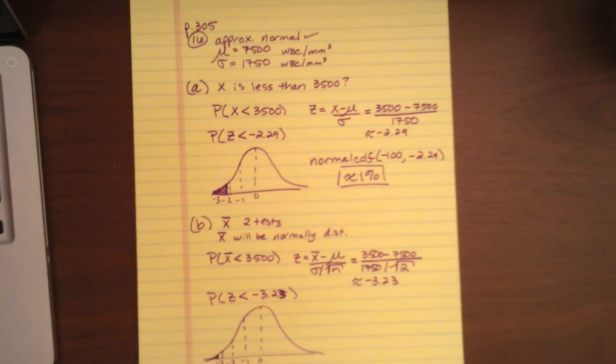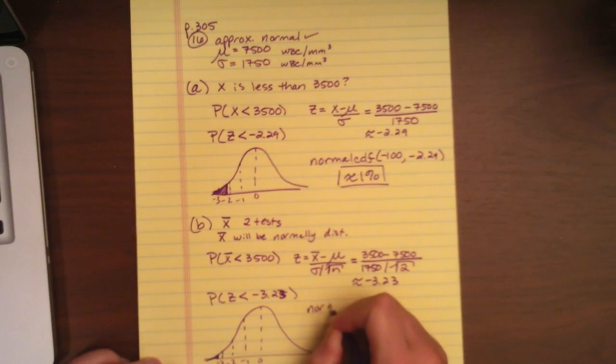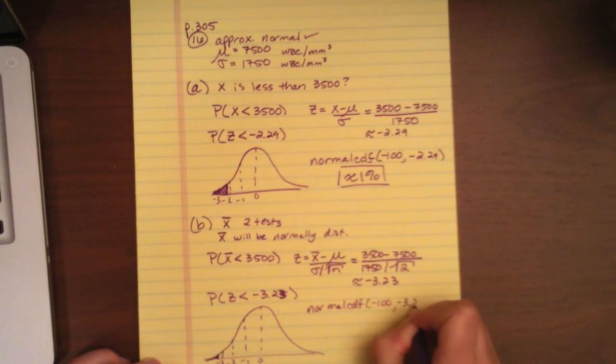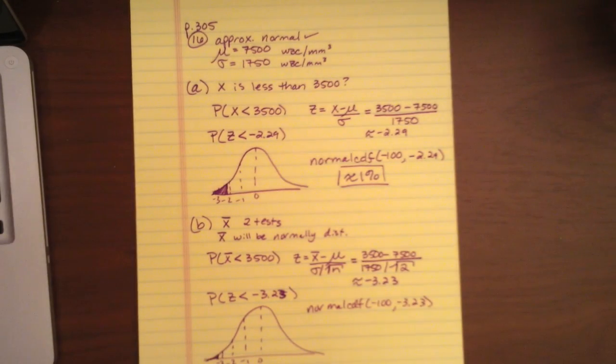So if we put in our normal CDF of negative 100 and then negative 3.23 and run that through the calculator, we do indeed get a much smaller value.